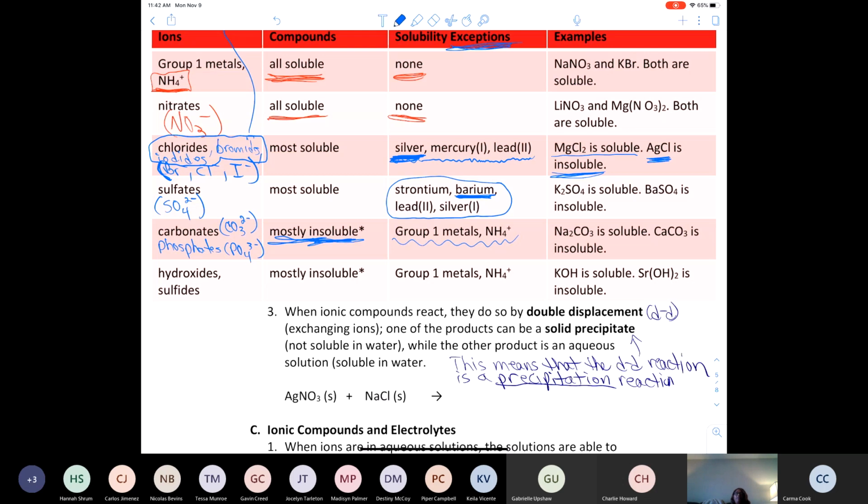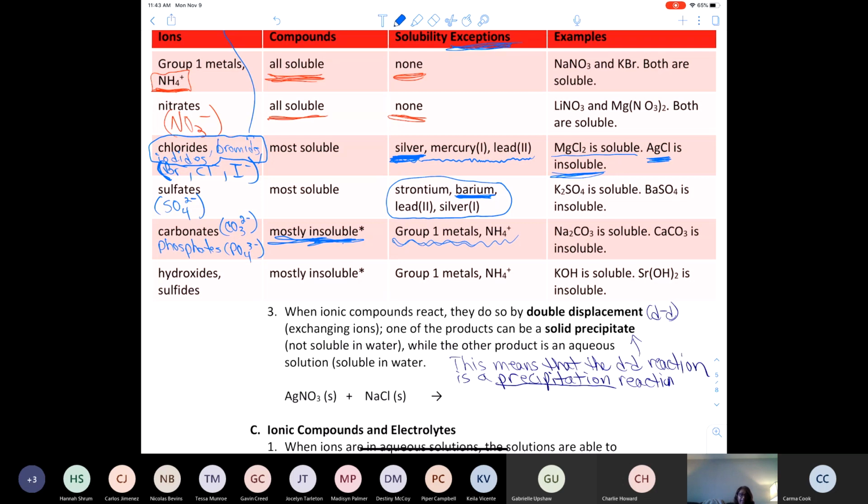If a carbonate or a phosphate polyatomic ion is paired with a group 1 metal or the ammonium cation, then that ionic compound would be soluble. So for example, sodium carbonate is soluble because sodium is a group 1 metal, so that'll be an exception to the insolubility. However, calcium carbonate is insoluble.